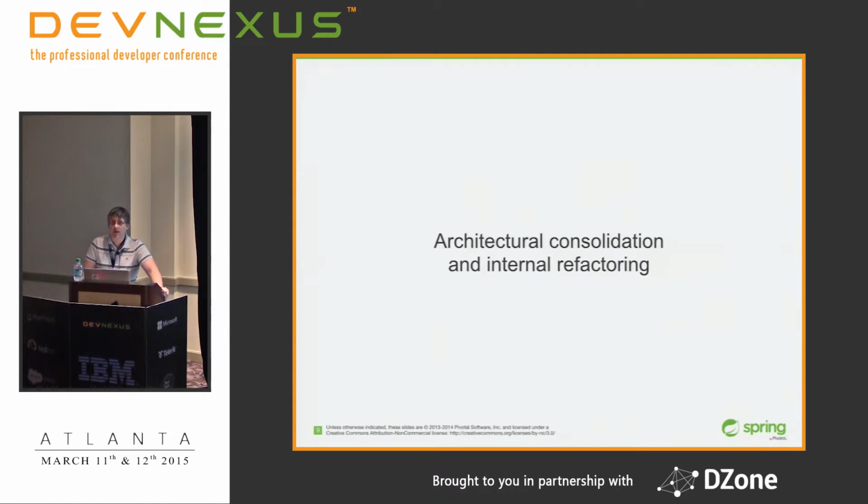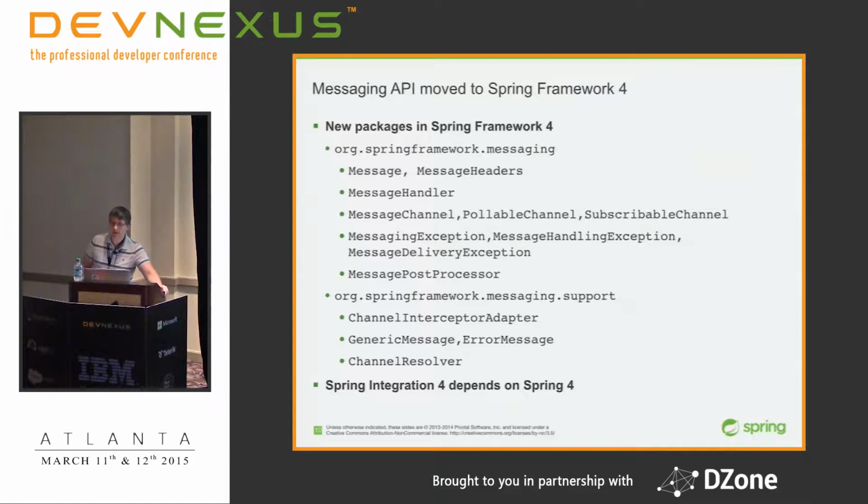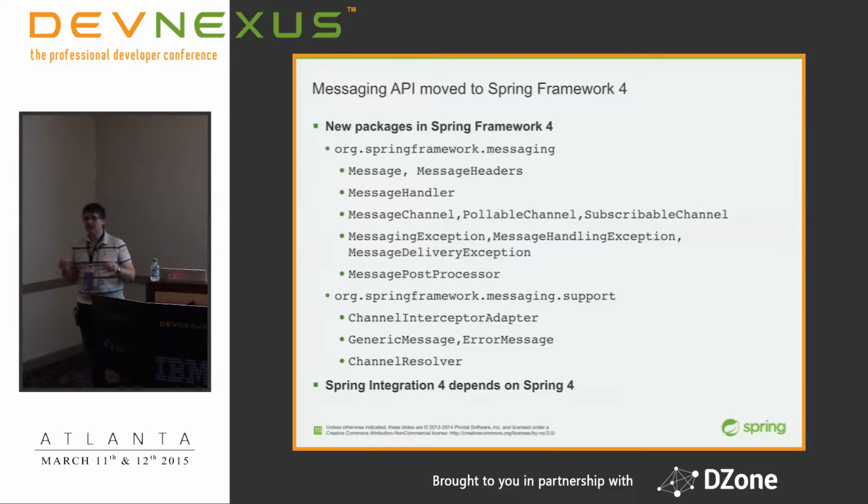First is architectural consolidation and internal refactoring. So that was a big change in Spring Integration 4. Basically, the whole core messaging API.